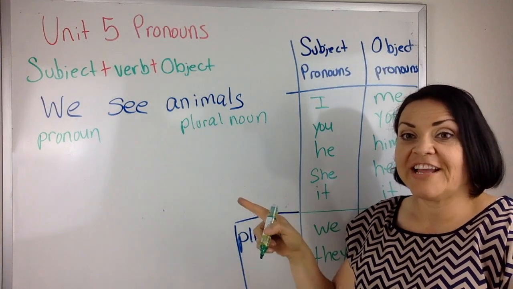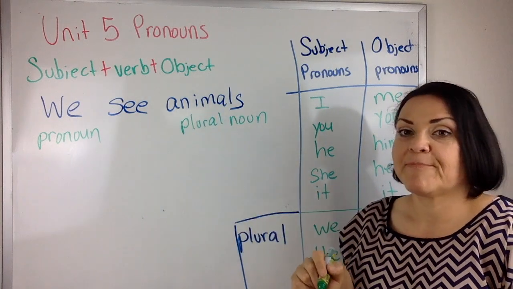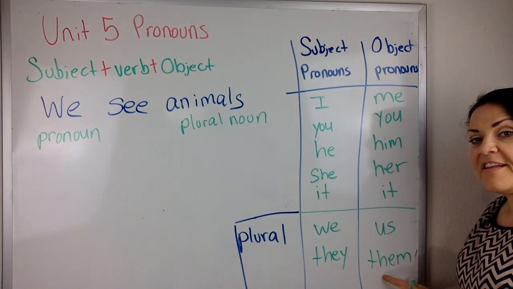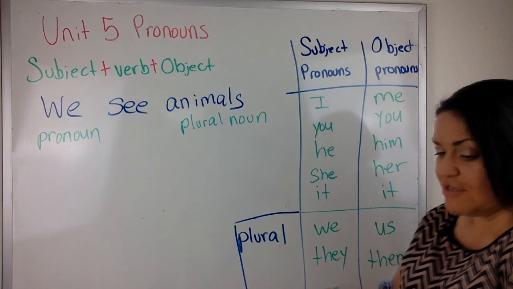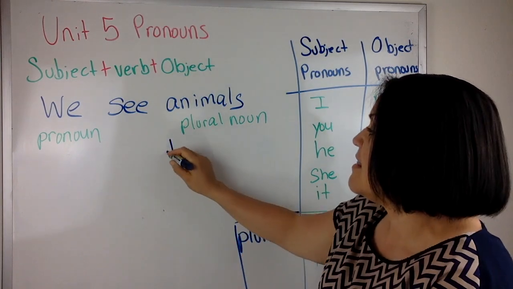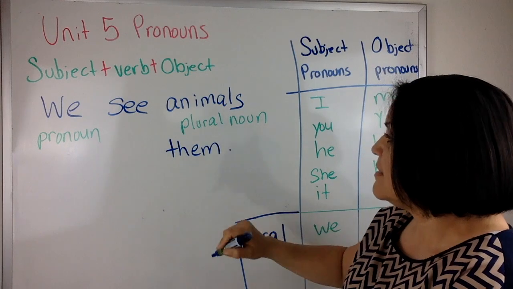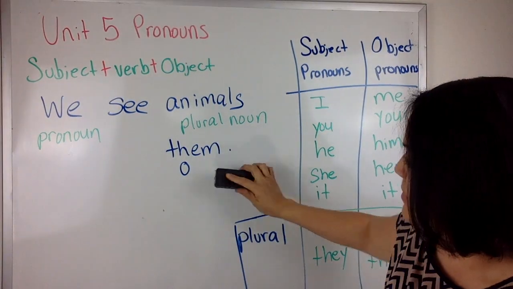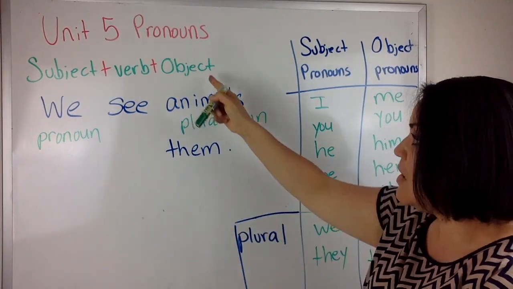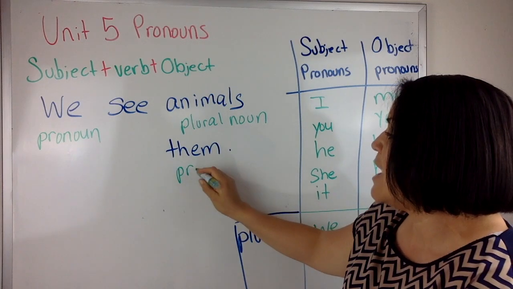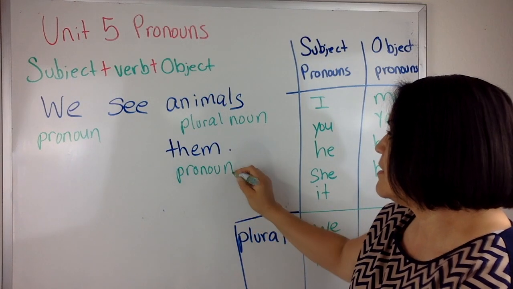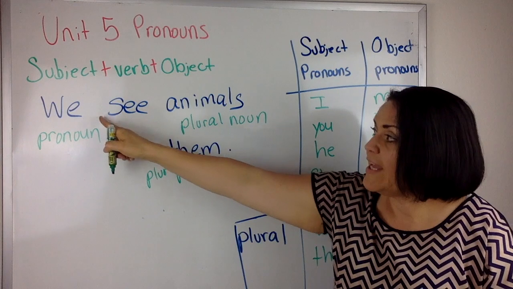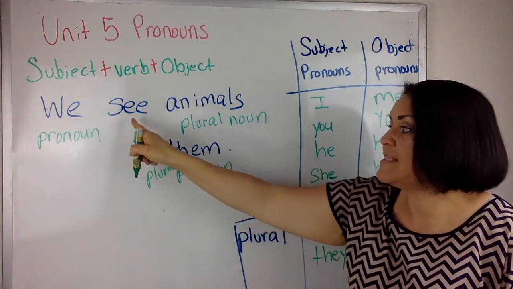But we could change it, right? We see, now it's lots of them, right? We see them. So this becomes a plural. So now we're using an object pronoun. This is a plural object pronoun. We see animals. We see them.